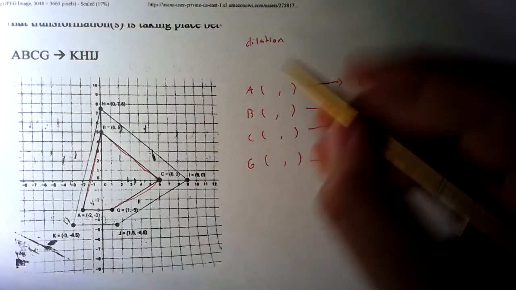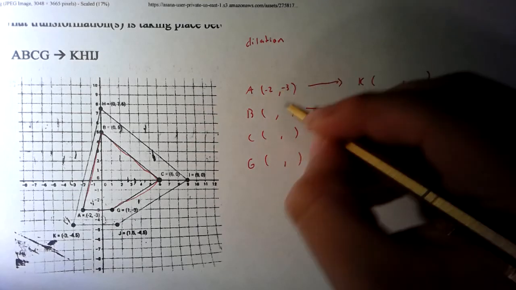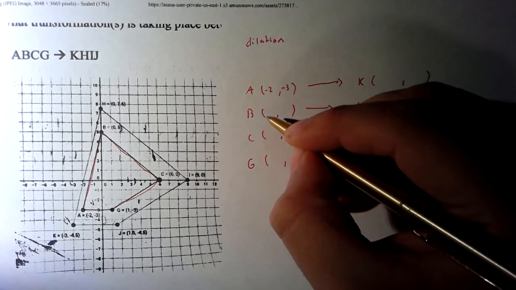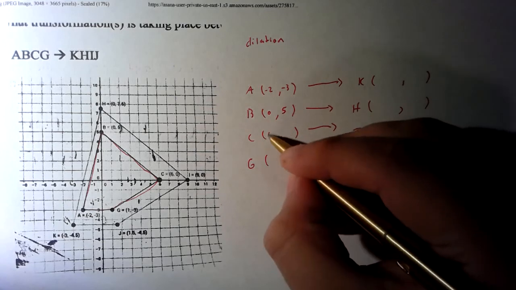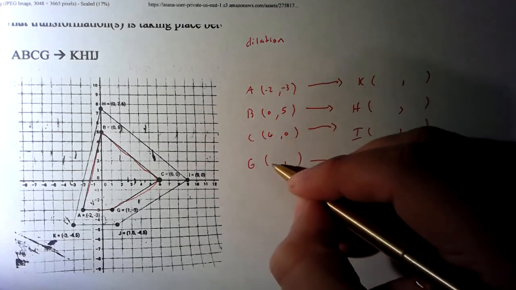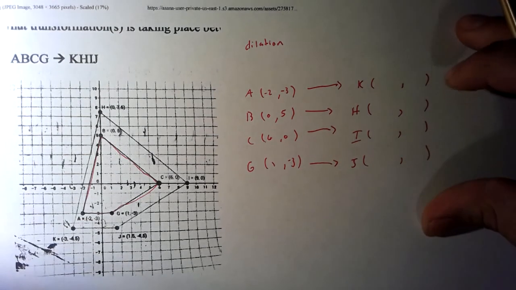Let me go ahead and write the points first. So A is -2, -3. B is 0, 5. C is 6, 0. And G is 1, -3. Okay.